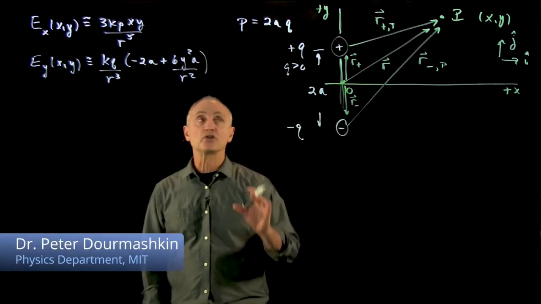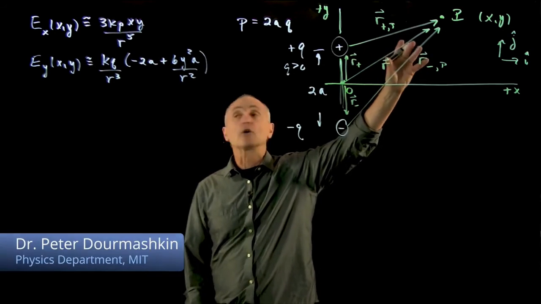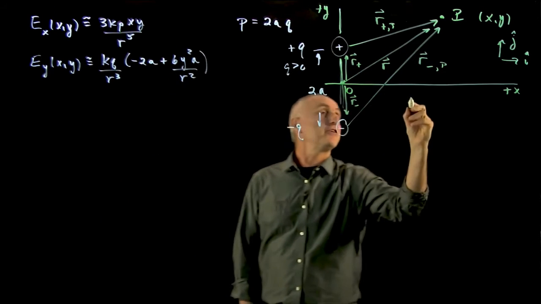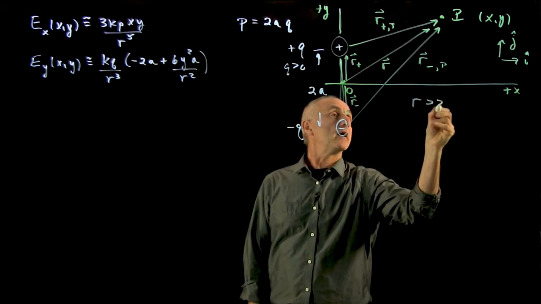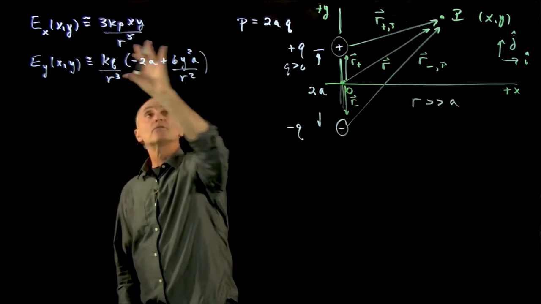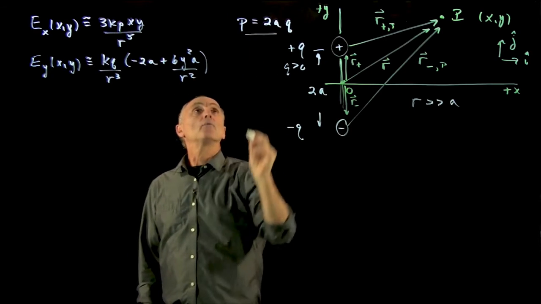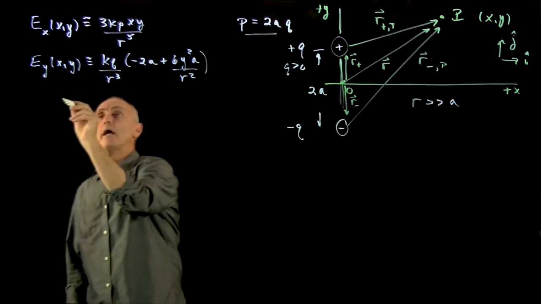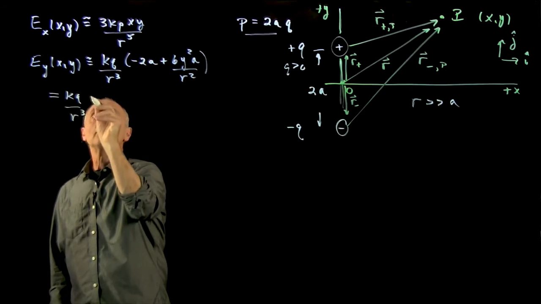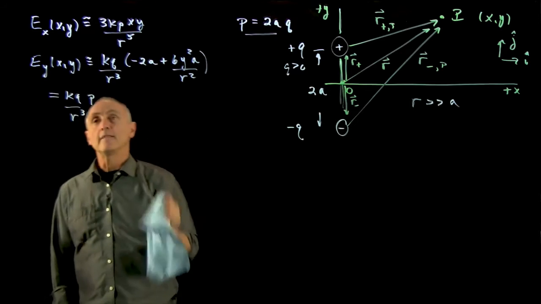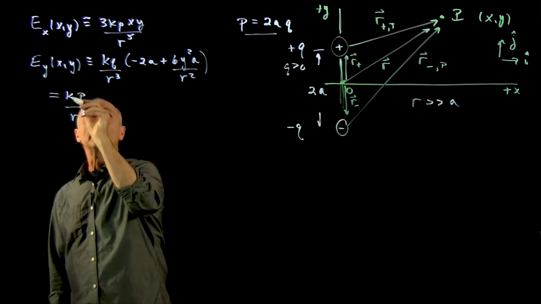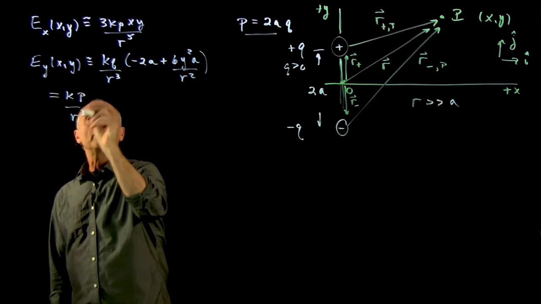Let's continue our calculation of the leading order contribution to the electric field when we're looking at a field point which is very far away from the source charges. Now, we calculated this in our last video, and we have the dipole moment, so we can rewrite that y component of the electric field in terms of the dipole moment p. That means we can get rid of our factor q. It's the dipole moment, our constant k, p over r cubed.